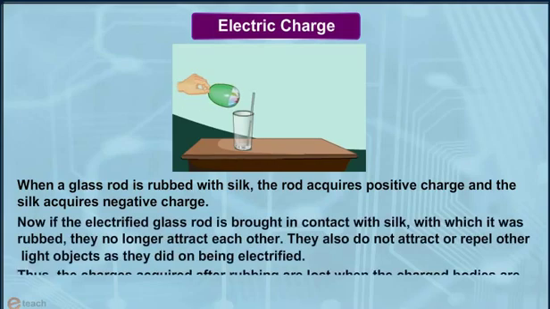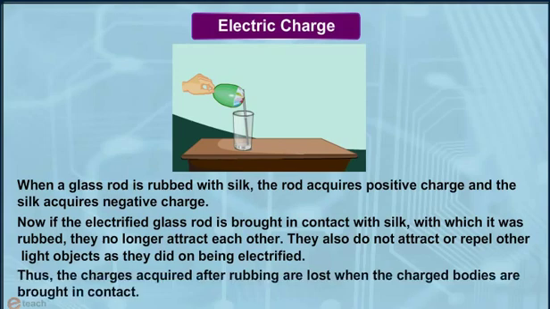Now, if the electrified glass rod is brought in contact with silk with which it was rubbed, they no longer attract each other. They also do not attract or repel other light objects as they did on being electrified. Thus, the charges acquired after rubbing are lost when the charged bodies are brought in contact.